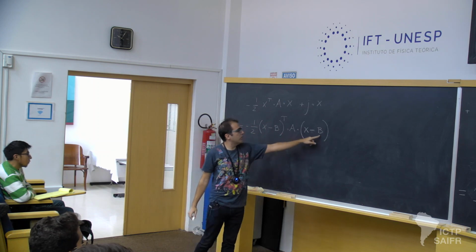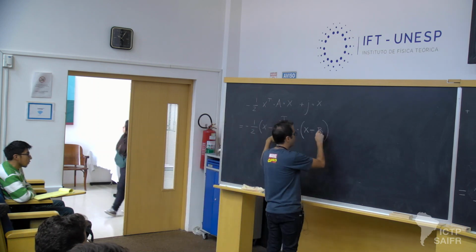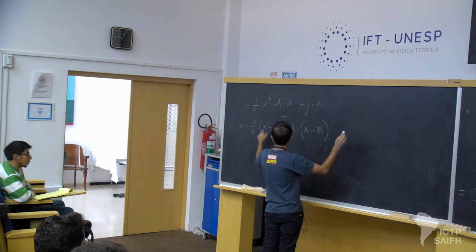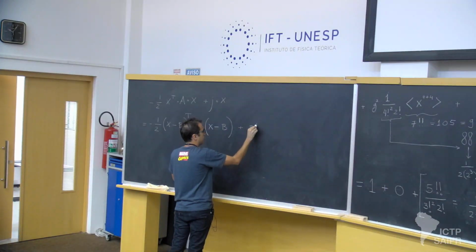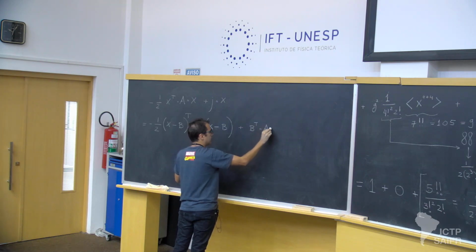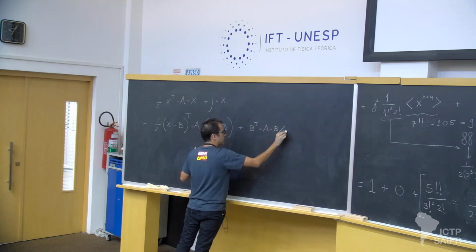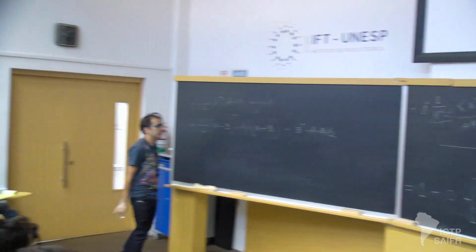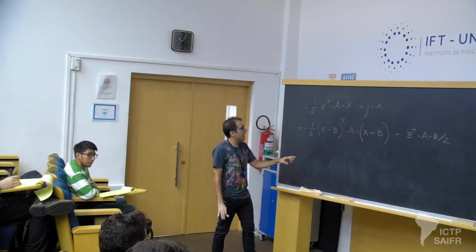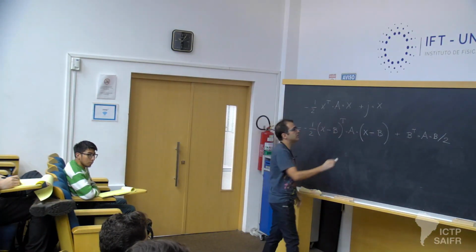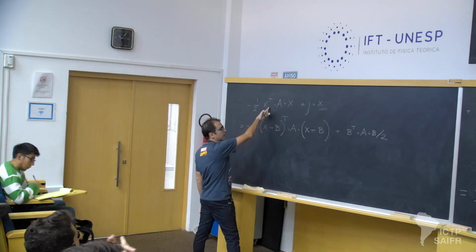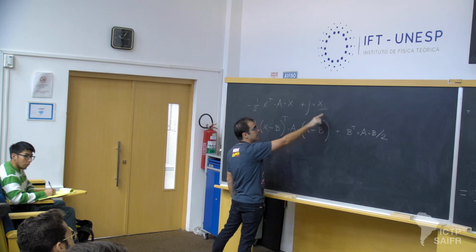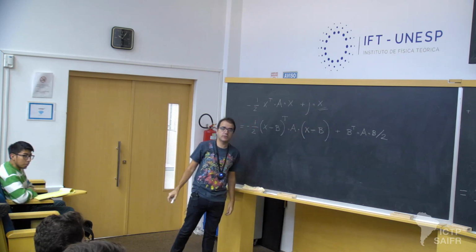The term without x is not there. So whatever this b is, I will need to add plus b transpose dot A dot b over 2, if this b exists. Now I want to tune b such that this term comes out correctly. There's no constant because I canceled it, so I need to make sure that this term comes out.